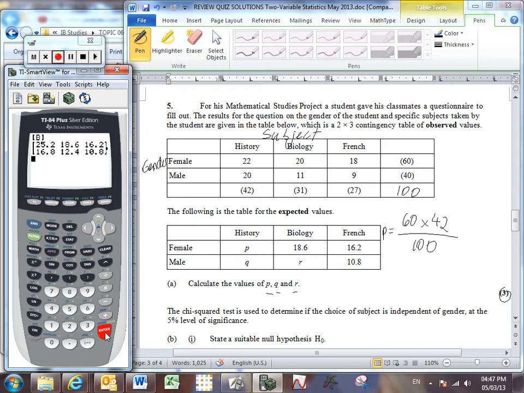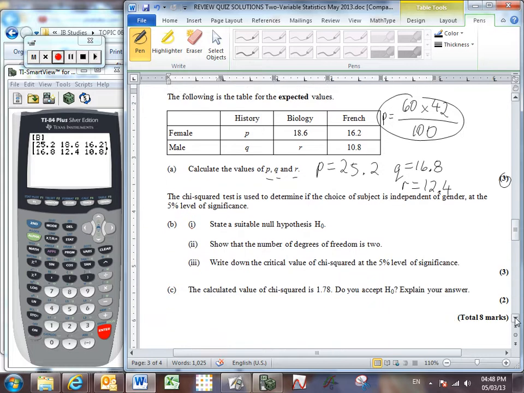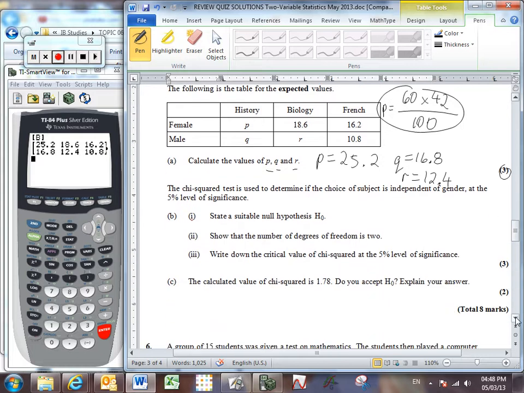So I can immediately see then that P is equal to 25.2, Q is 16.8, and R is equal to 12.4. And that was quicker than calculating the expected values by hand 3 times, although I would have gotten the same answers. Right, the chi-squared test now is used to determine if the choice of subject is independent of gender at the 5% level of significance.